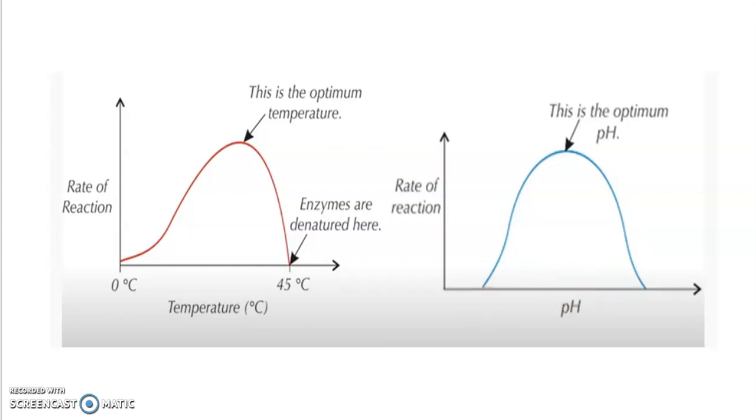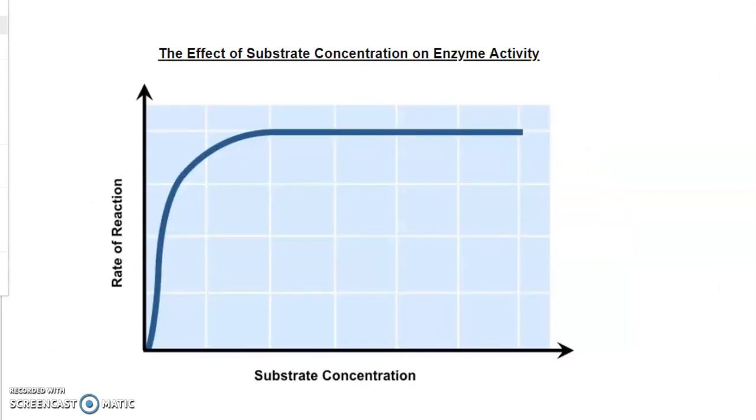This next graph is something which, again, goes a little bit beyond your specification, but it's quite interesting for us to think about, and that's the effect of substrate concentration. So if we've got a little bit of starch, then the rate of starch breakdown is going to be low. If we increase the amount of starch, then we're going to increase the rate of reaction until we get to here.